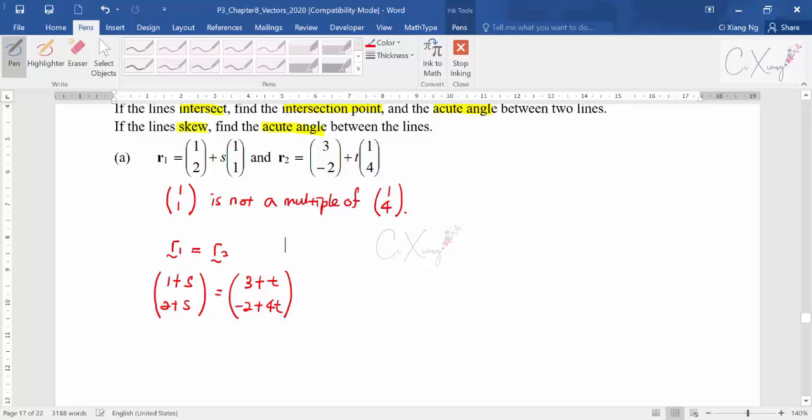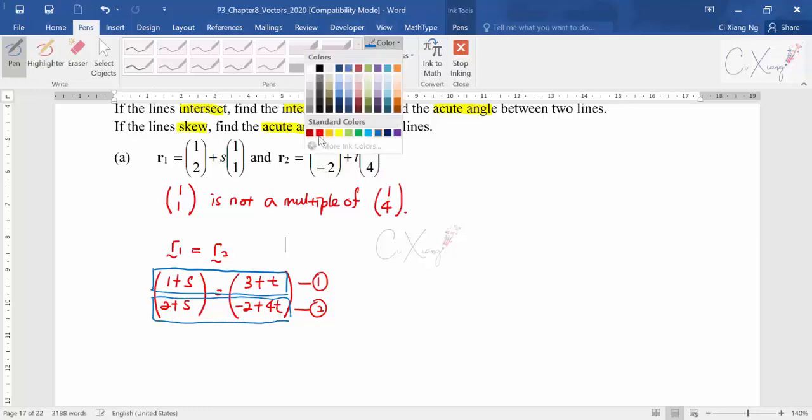Again, as I mentioned before, you compare X component with X component, Y with Y. So that means you have the first equation here, and this is the second equation. So you try to solve the simultaneous equations to get the S and also the T.